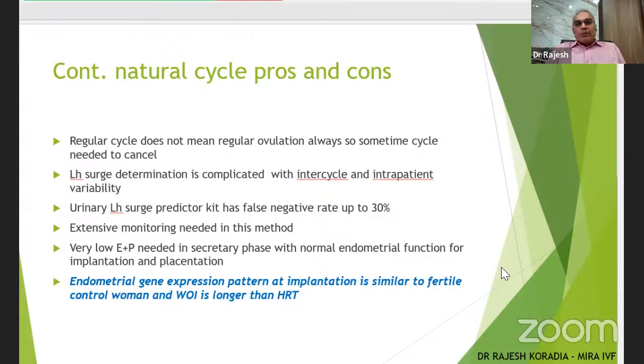Very low estrogen and progesterone are needed in the secretory phase, with normal endometrial function for implantation and placentation. The endometrial gene expression pattern at implantation is similar to a fertile control woman, and the window of implantation is longer than HRT. That is a very, very important and crucial point of the natural cycle.